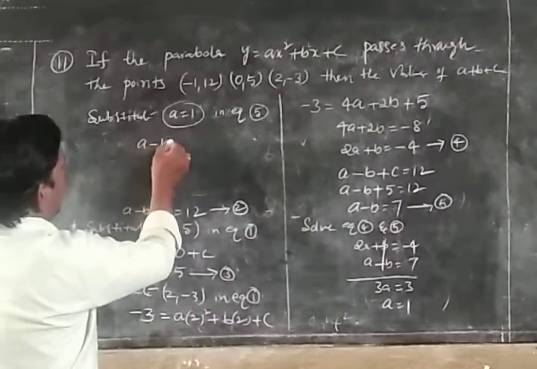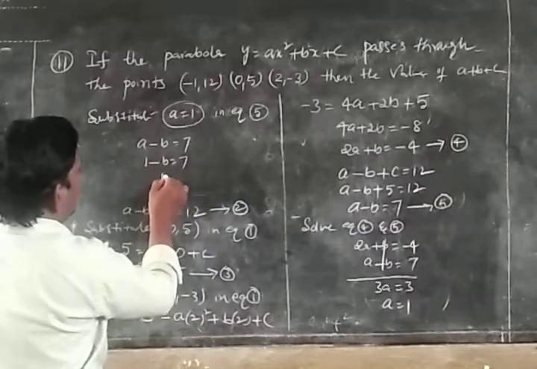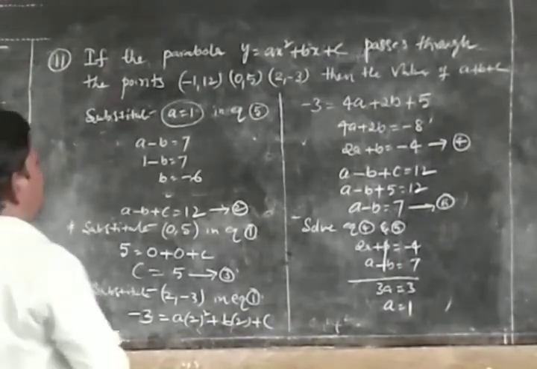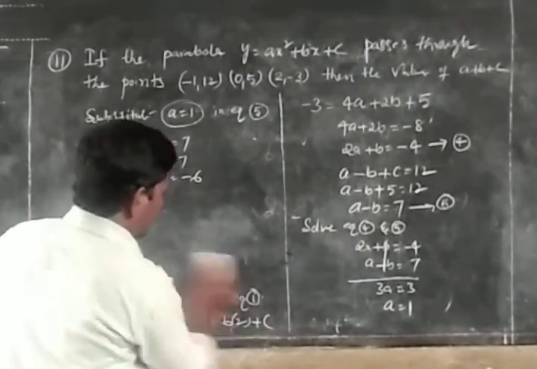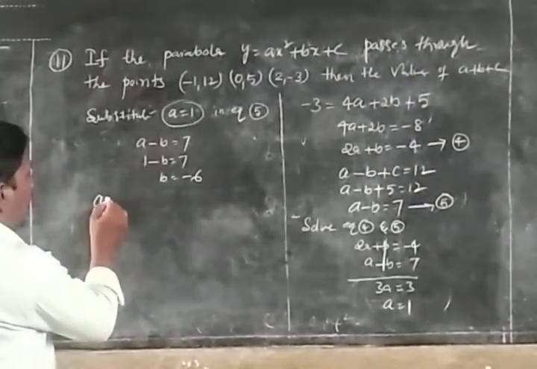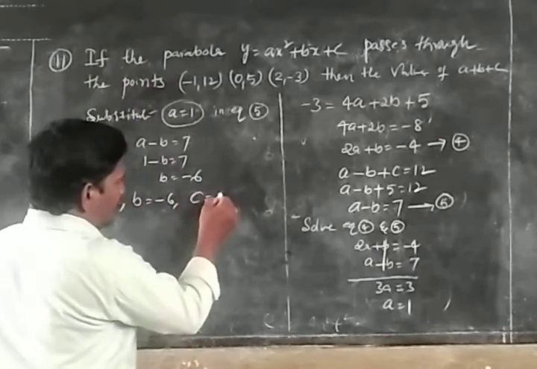A minus b equal to 7, 1 minus b equal to 7, b equal to minus 6. So we got a, b, c values. Here a equal to 1, b equal to minus 6, c equal to 5.